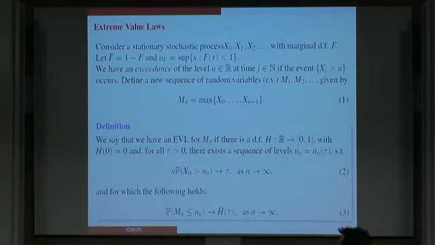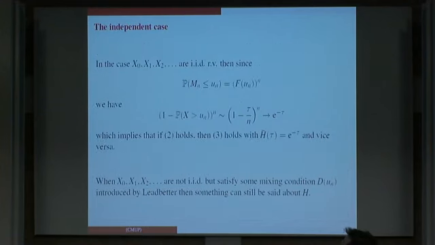Now, to understand the idea for this normalizing sequence, we go to the IID case, where we can easily understand why, if un satisfies that condition, you get a limit for Mn.